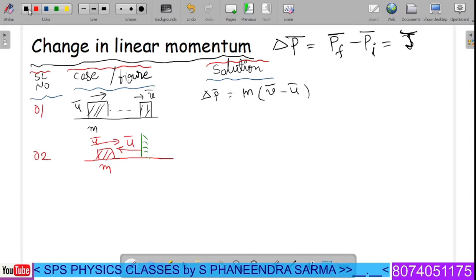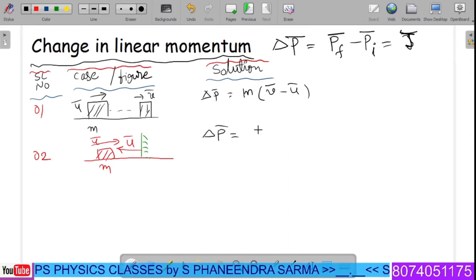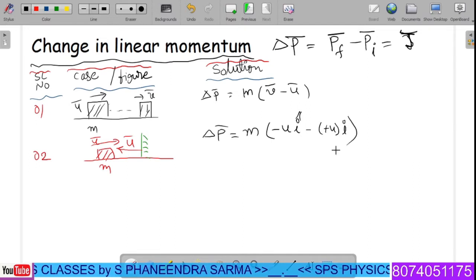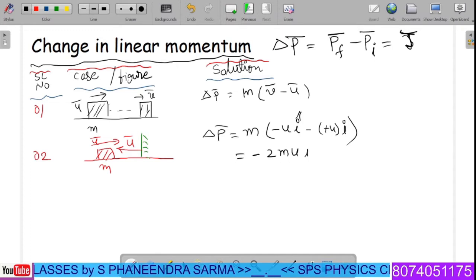In such a case, the change in linear momentum is delta p bar equals the mass, which is constant, times the final velocity, in the direction of negative x-axis, therefore minus u i cap, and the initial velocity in the forward direction, therefore minus of plus u i cap. Upon making common, you can write minus 2mu i cap. That is the formula for the change in momentum in the second case.